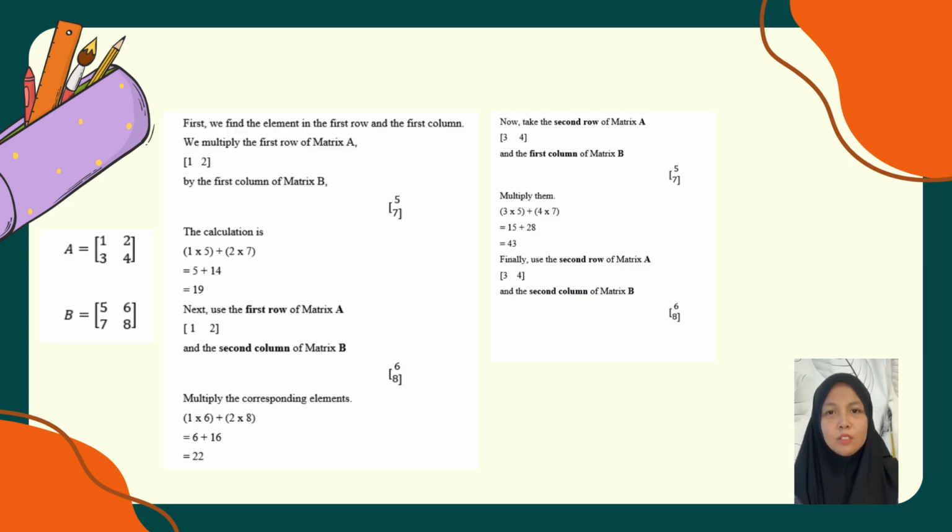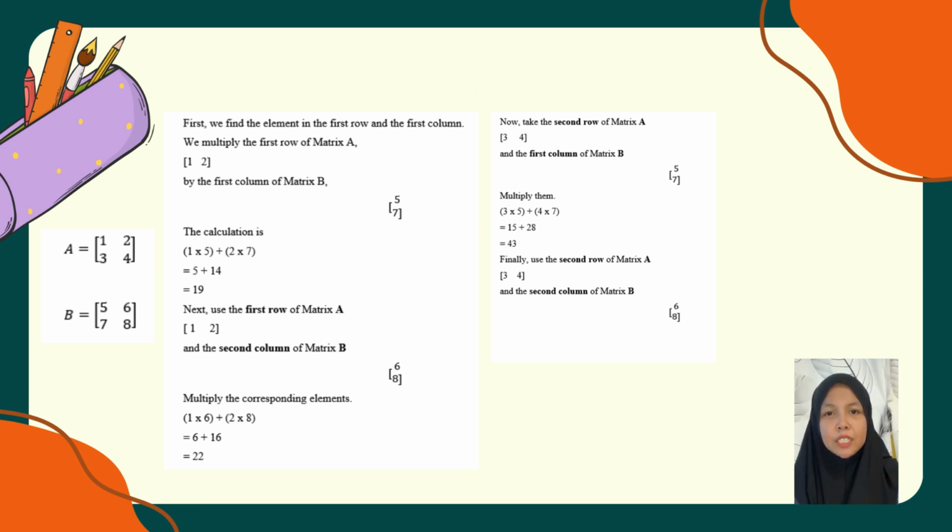We are going to calculate matrix A multiplied by matrix B. First, we find the element in the first row and the first column. We multiply the first row of matrix A, 1, 2, by the first column of matrix B, 5, 7.